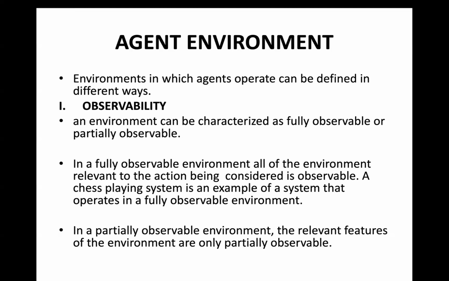The agent can operate in an environment that is fully observable or partly observable. In a fully observable environment, everything that an agent needs to make the decision is observable. It can see every part of the environment.